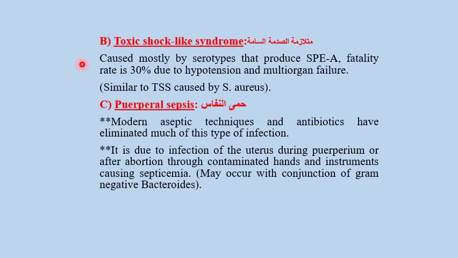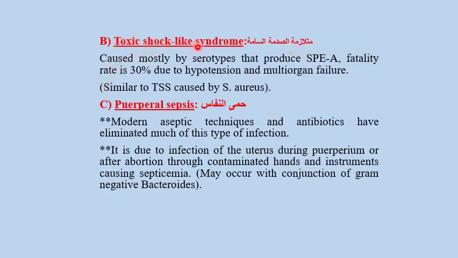The second toxigenic disease is toxic shock-like syndrome, and we call it like because it is like the toxic shock syndrome produced by Staph aureus. Its Arabic translation is a bit difficult. اسمها متلازمة الصدمة السامة. متهيألي الكلمة دي أنا ما سمعتهاش قبل كده.